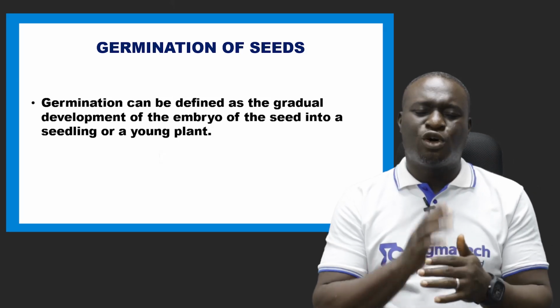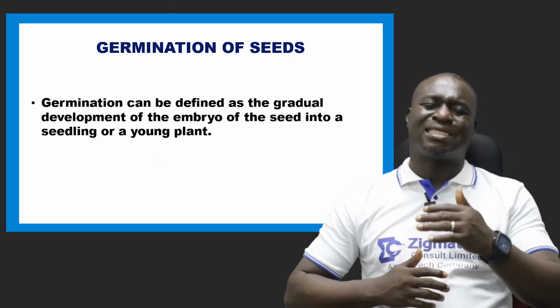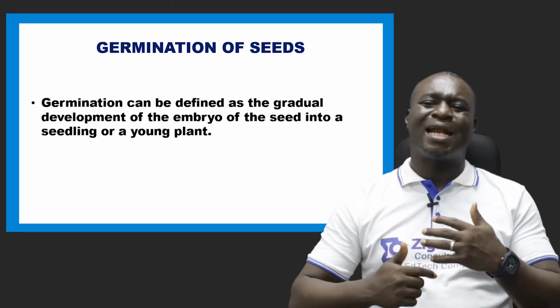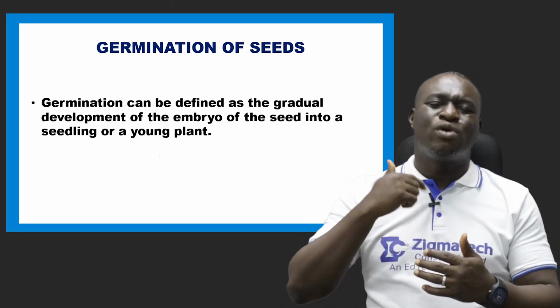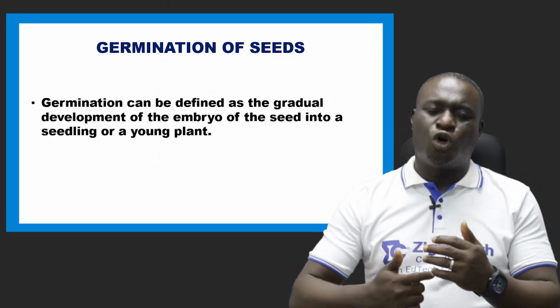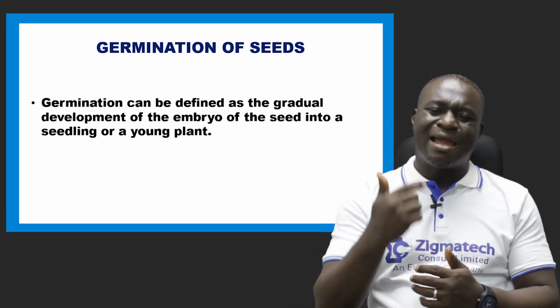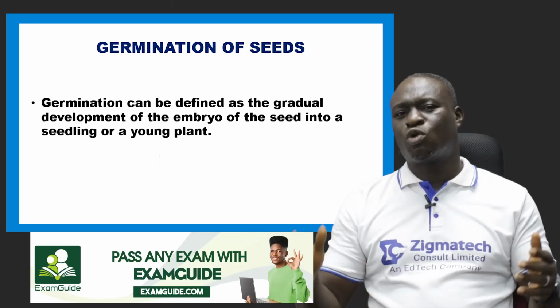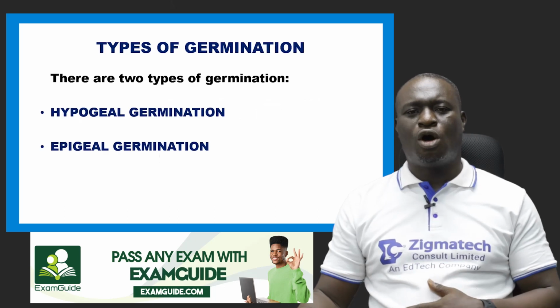Germination of seed can be defined as the gradual change or development of an embryo into a young plant. Simple. The gradual development of an embryo into a young plant. So that is what we call germination of seeds.